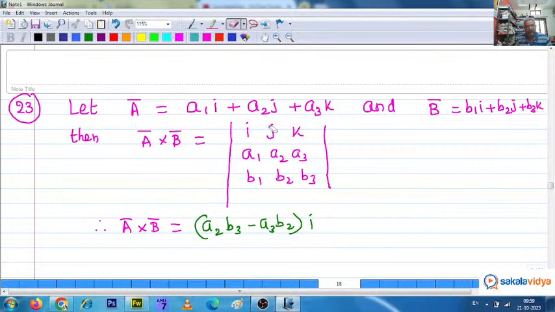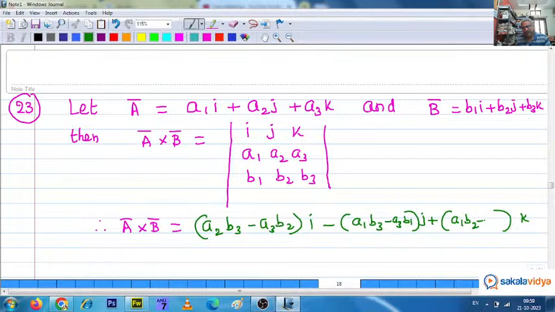I will write once again for your clarity. This is j, this is k. So A1 B3 minus A3 B1. So A1 B2 minus A2 B1.